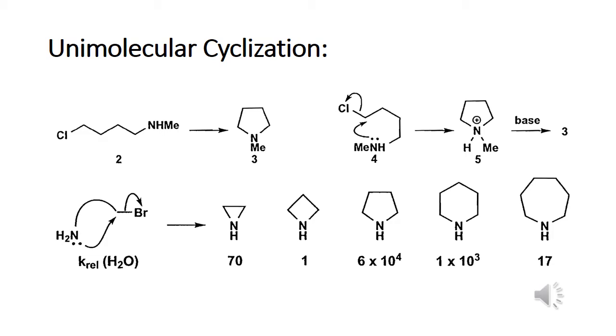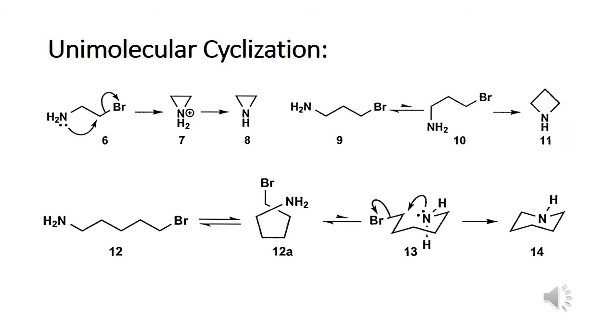Six-membered rings are most stable because they can have a chair conformer as well. We have already studied the boat and chair conformers, in which the chair conformer is more stable. Hence the six-membered ring is most favorable in unimolecular cyclization compared to three- and four-membered heterocyclic ring compounds.